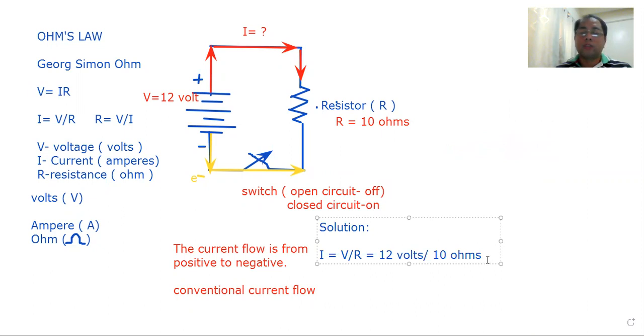So 12 volts divided by 10 ohms, then the current will be equivalent to 1.2 amperes. Or maybe let's just write it as 1.2 A.